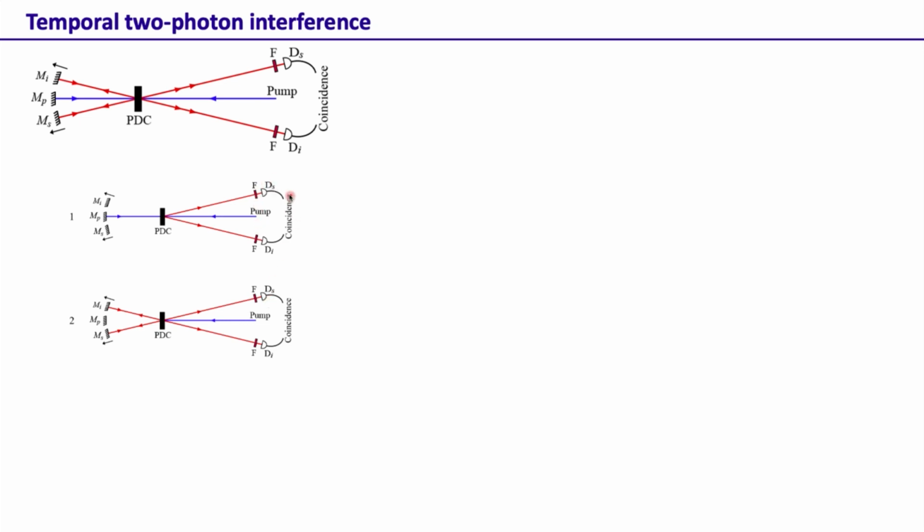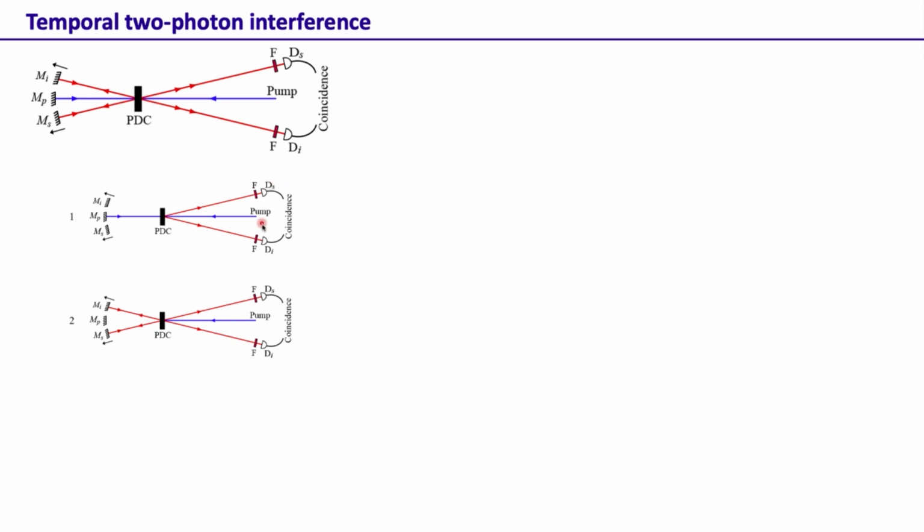So if we observe a coincidence count, that means one photon here and one photon there at these two detectors, then there are two possible ways in which that can happen, which is this and this. And typically there's no way that one can tell just by looking at the coincidence whether this event happened or that event happened. This is the same as when we do a Young's double slit experiment with single photons, and there's no way of telling whether the photon goes through the first slit or the second slit, and then we say that the interference is because of the interference of those two alternatives.